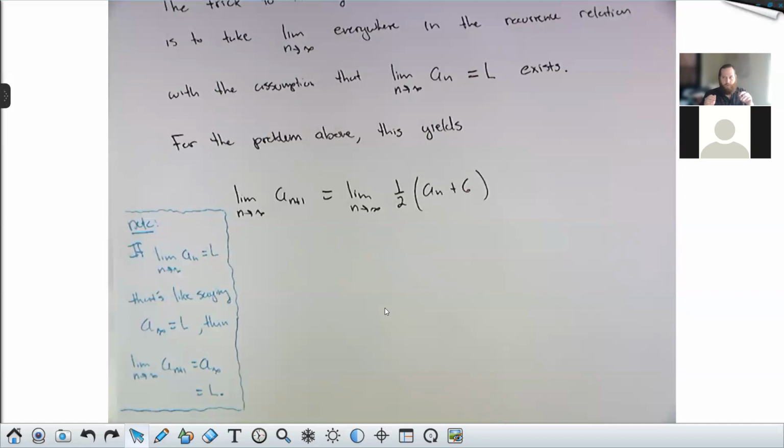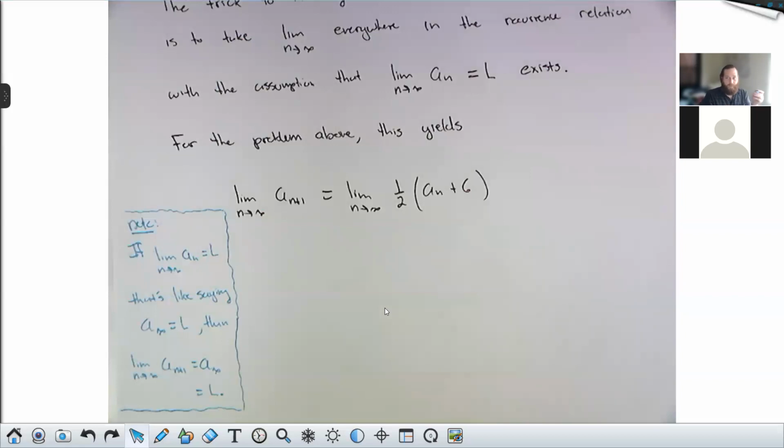Or if you're thinking about the graph, if you're thinking about the dots, a_n is the nth dot. And we're saying as n gets bigger and bigger, the nth dot gets closer and closer to L. a_(n+1) is the n plus first dot, the one that comes after a_n.